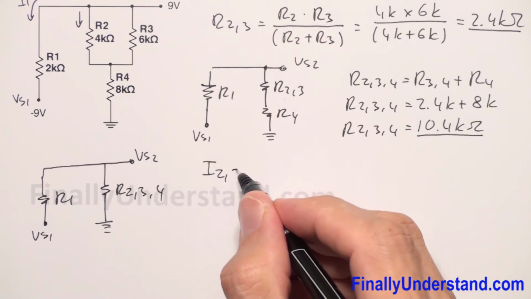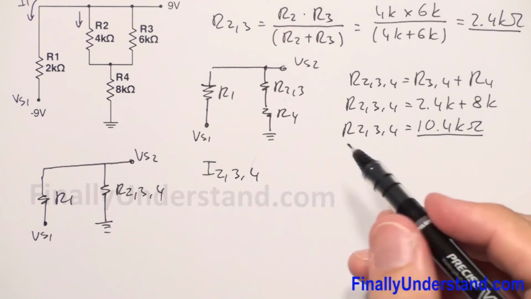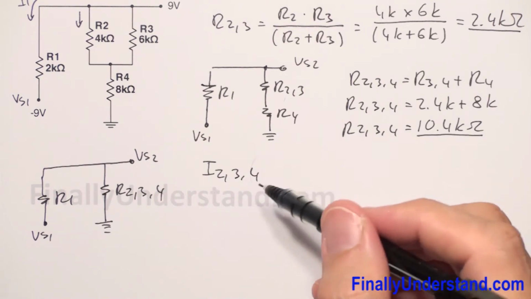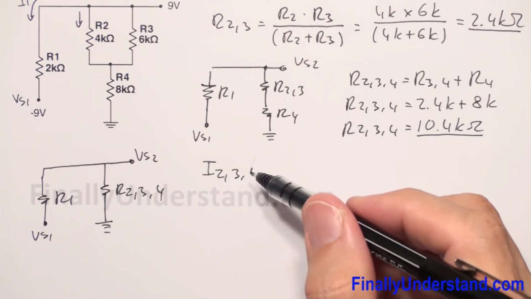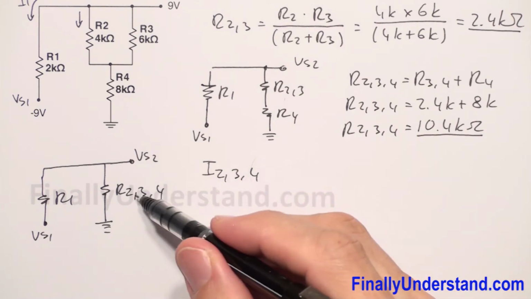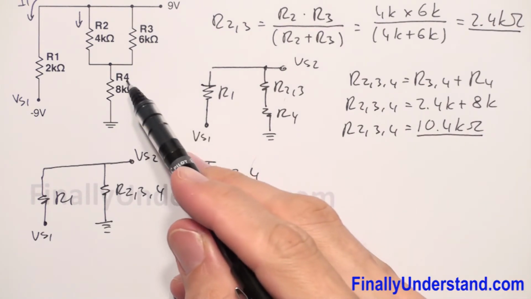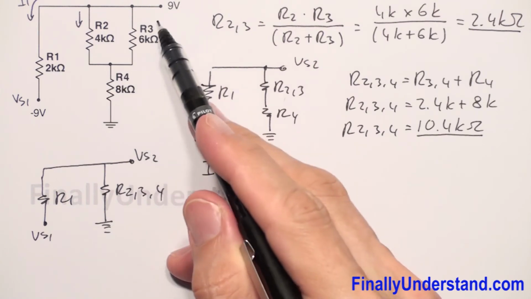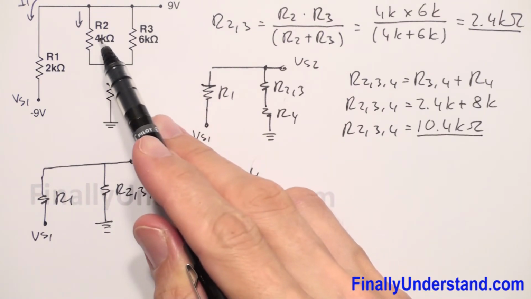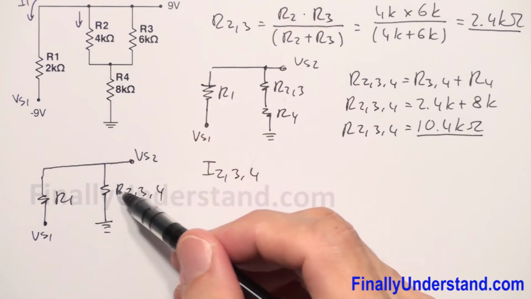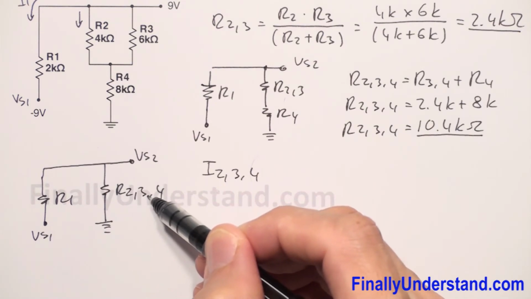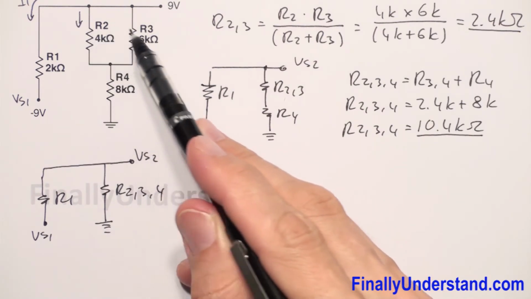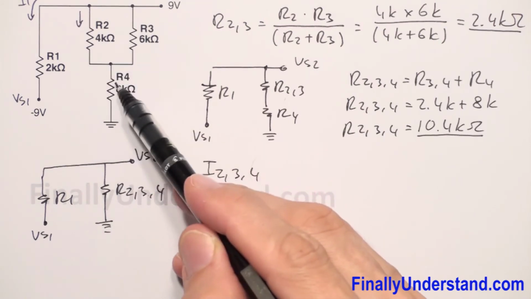Please notice that the current I234 is going to be the same current which will go through this resistor, because this current is nothing else but the current which goes through all these resistors.